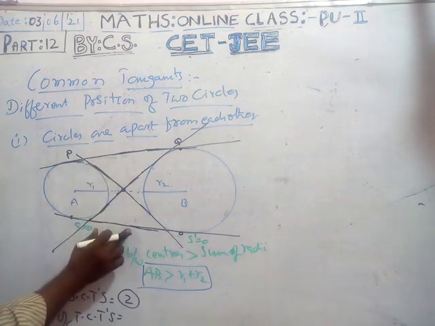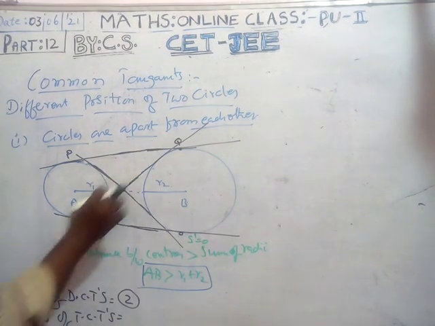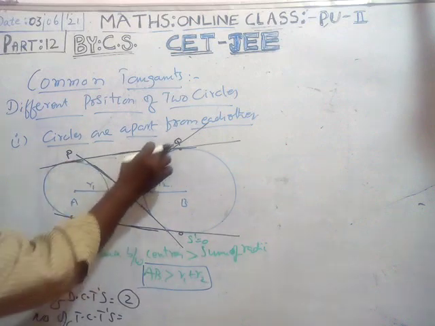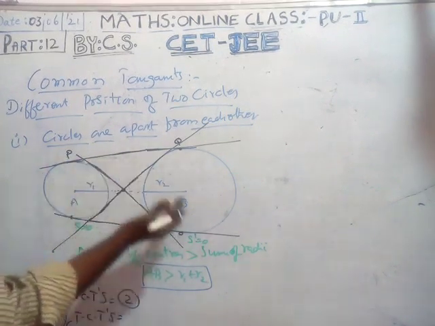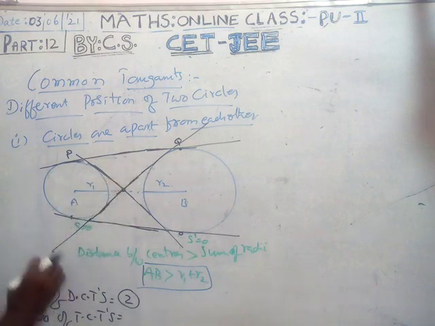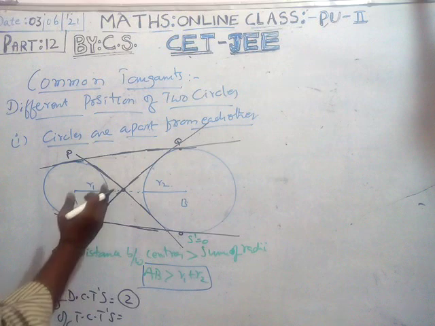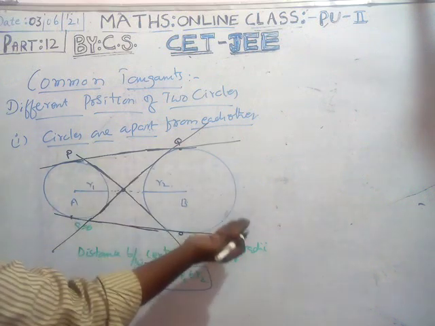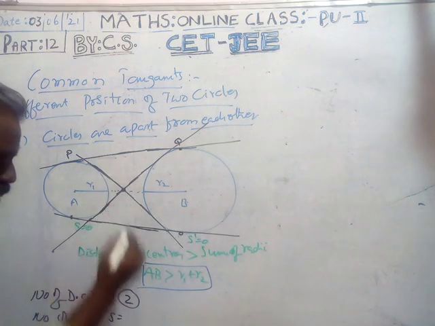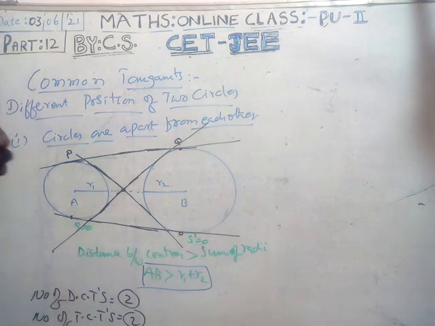Whereas this one is a tangent with the circles on both sides, so it is a TCT, transverse common tangent. It is also a common tangent, of course: one circle on one side, the other circle on the other side. So if the circles are apart from each other, the number of DCTs is 2.